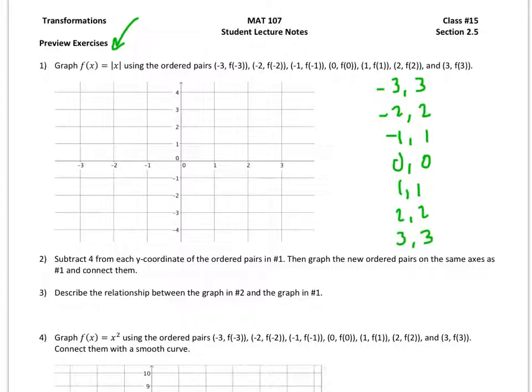So for each x value, I'm taking the absolute value and getting the y value. Alright, so if I plot these, -3, 3, -2, 2, -1, 1, 0, 0, 1, 1, 2, 2, and 3, 3.